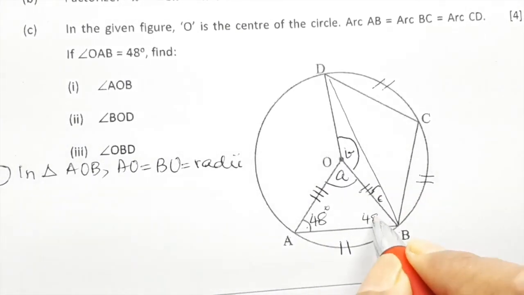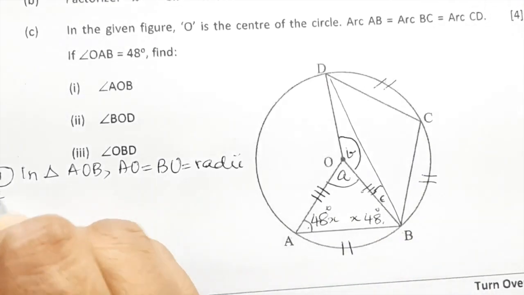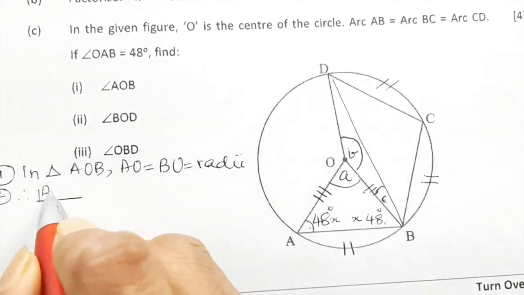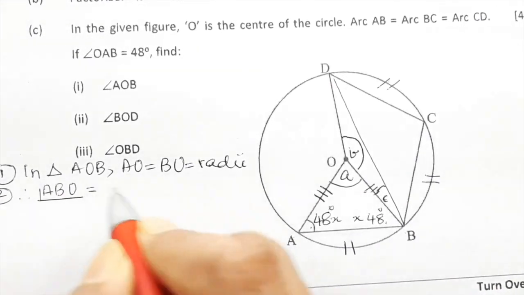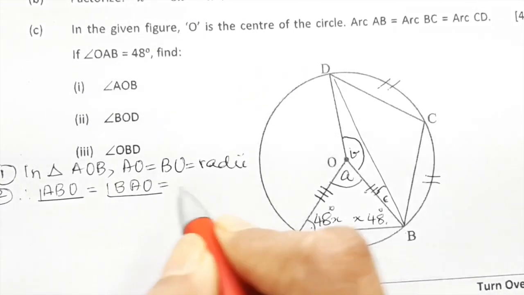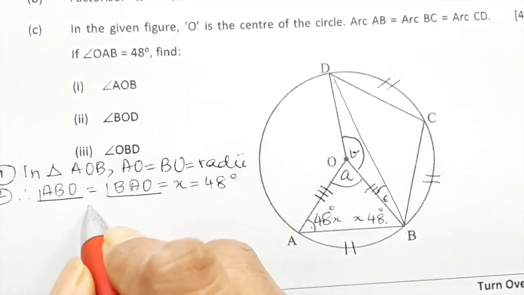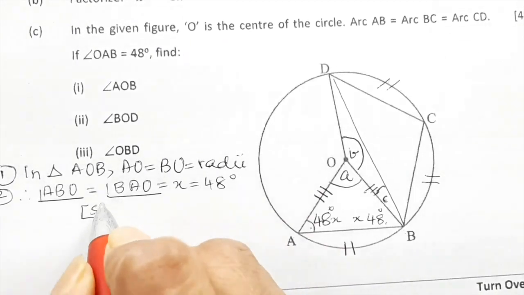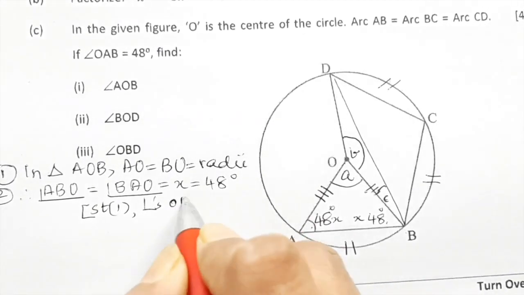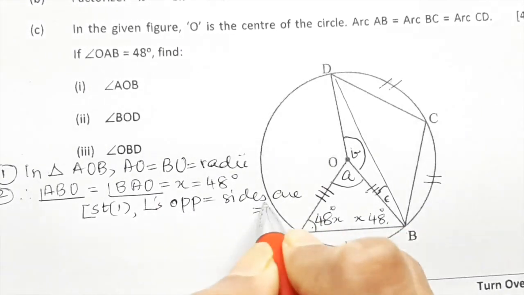So this also will be 48 degrees, but we'll call this as X and X. So we'll say statement number 2, therefore angle opposite AO will be angle ABO equal to opposite this will be angle BAO equal to X equal to 48 degrees. And here you are going to write the reason from statement 1 as angles opposite equal sides are equal.